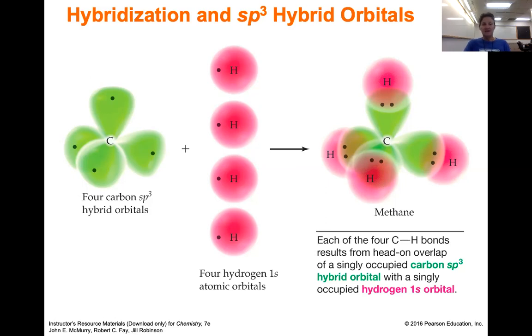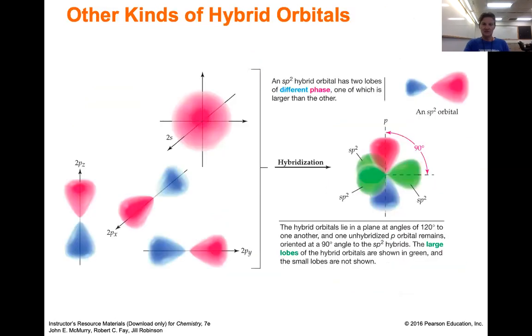And then if they're introduced to 4 hydrogen atoms, each with a 1s atomic orbital with an electron in it that has the spin the opposite way, the s orbitals on each hydrogen can overlap with 1 of those sp3 hybrid orbitals, and you can make single bonds between the carbon and each of those hydrogens.